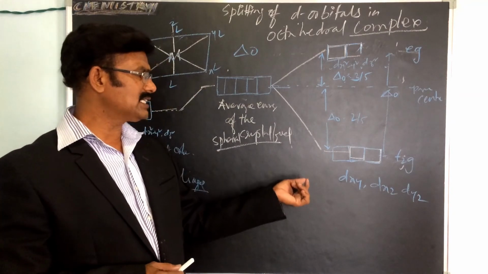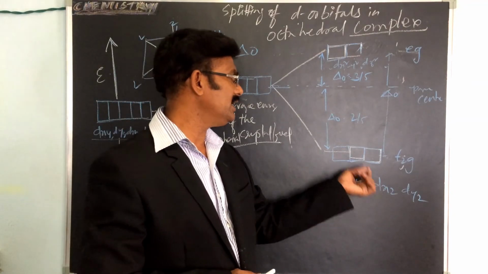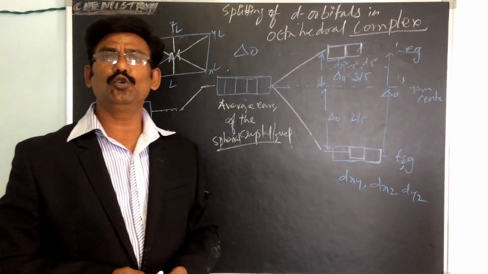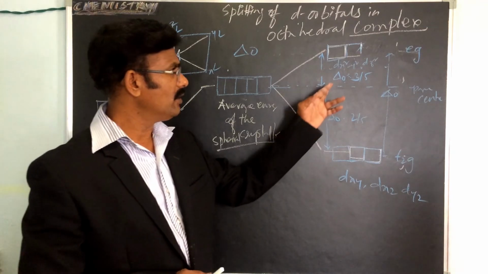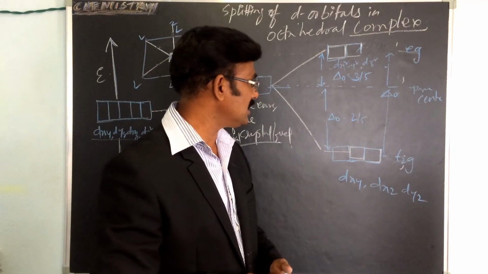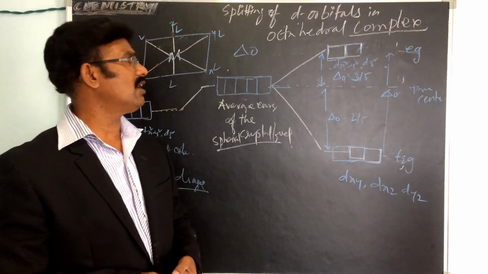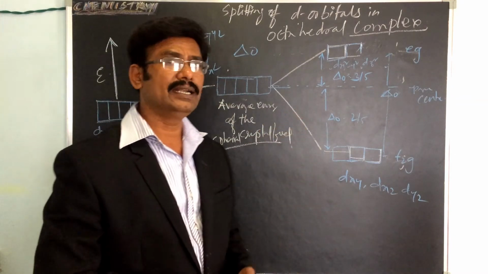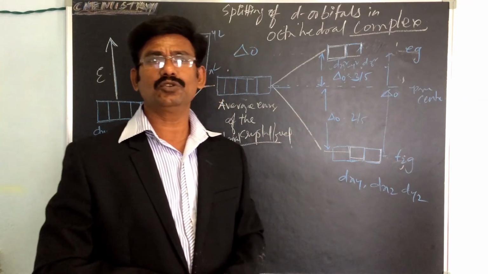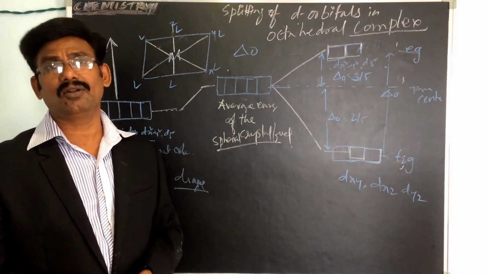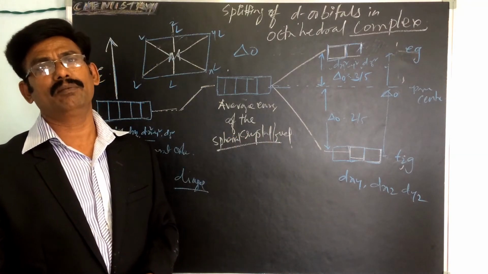The T2G set, dxy, dxz and dyz, has energy lowered by 2 by 5, and the other is the Eg set, dx square minus y square and dz square. So the octahedral and tetrahedral diagrams are completed.